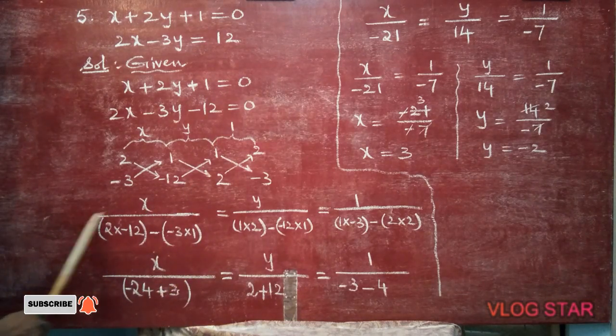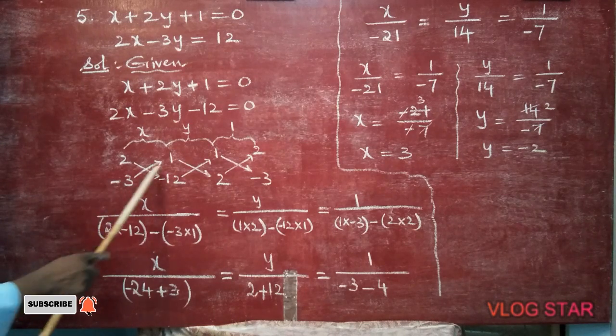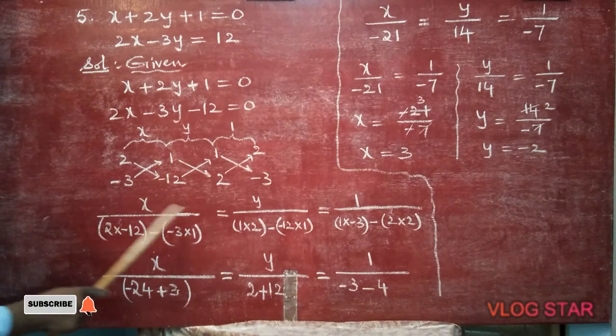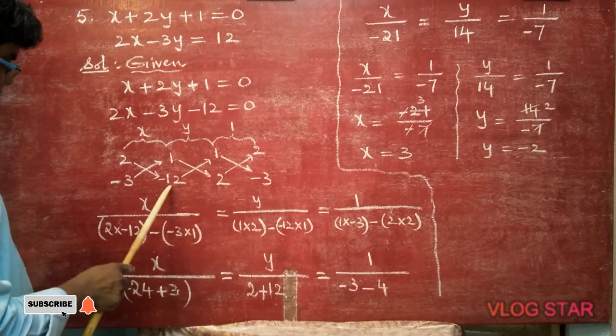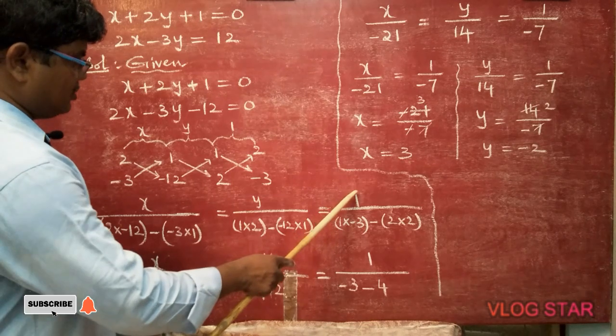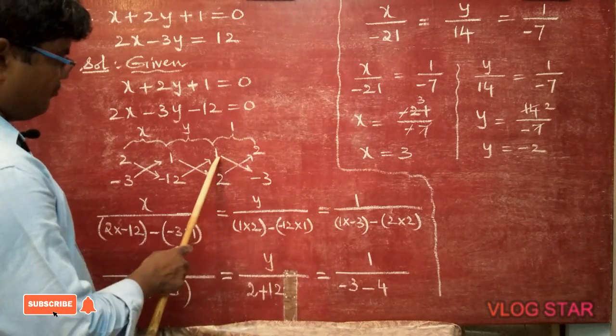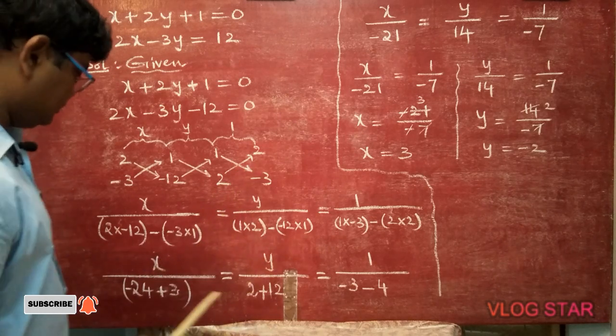So x by 2 into minus 12 minus of minus 3 into 1 is equal to y by 1 into 2 minus of minus 12 into 1. That is equal to constant, 1 by 1 into minus 3 minus of 2 into 2.